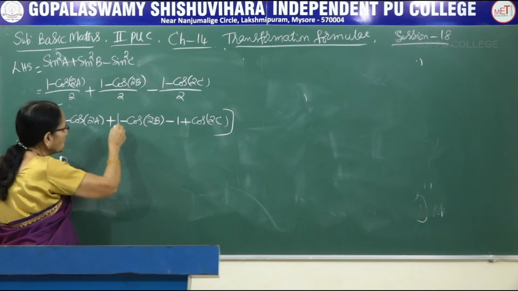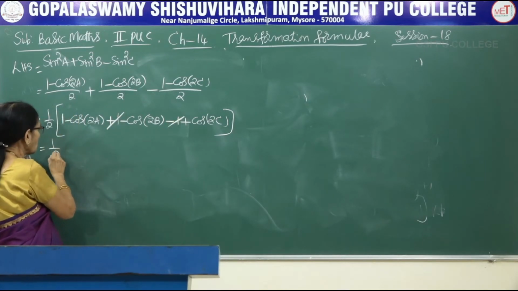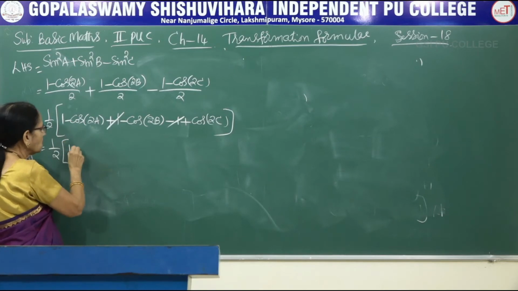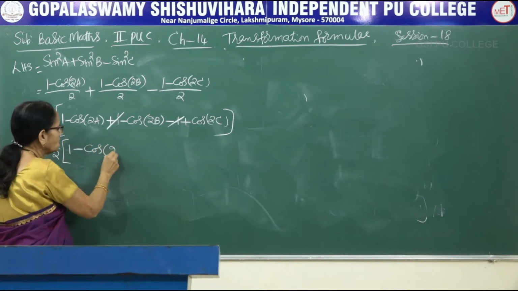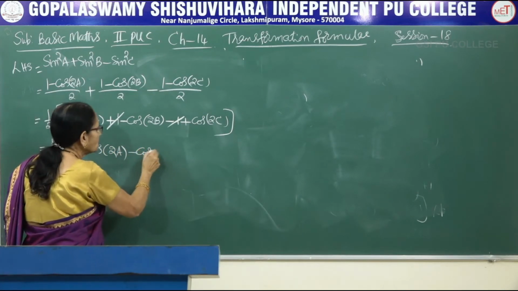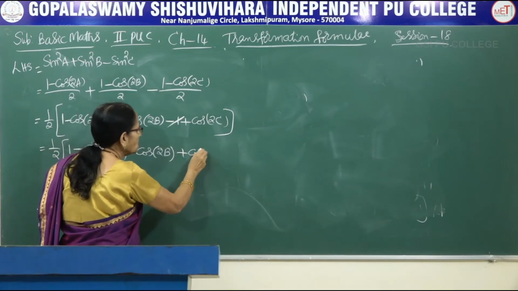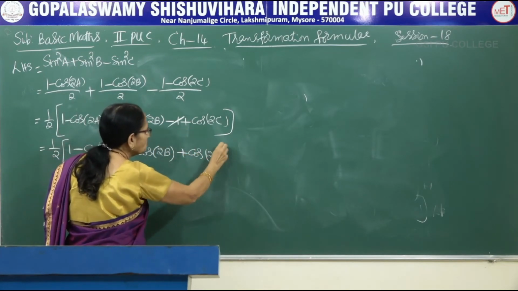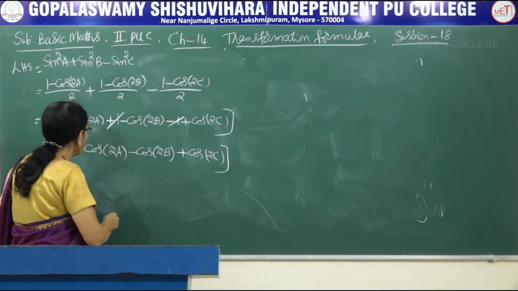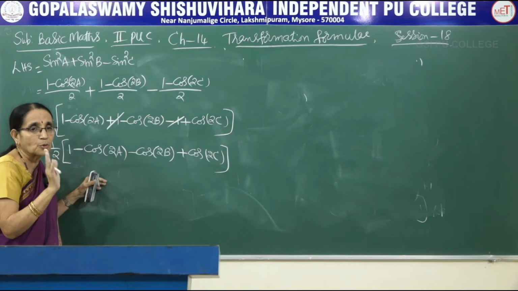Now we can again cancel plus 1 and minus 1. So it is half of 1. Carefully write the sign: minus cos 2a minus cos of 2b plus cos of 2c. Now here we got the same terms as in the previous problem, if you could remember.